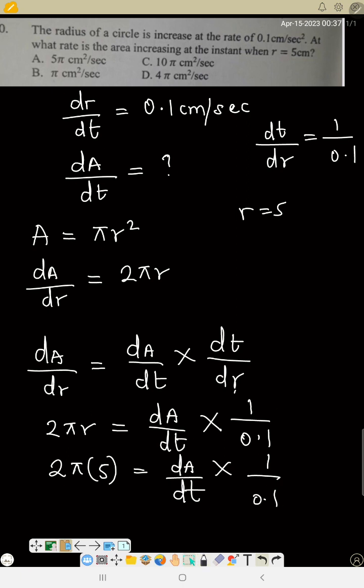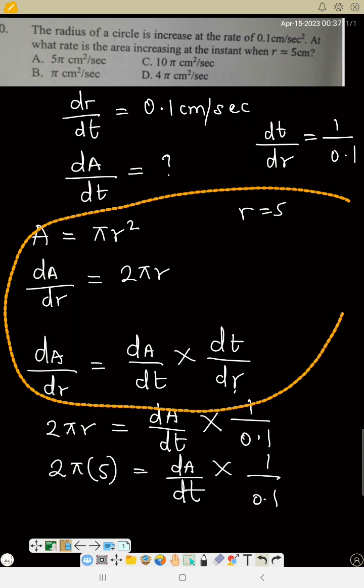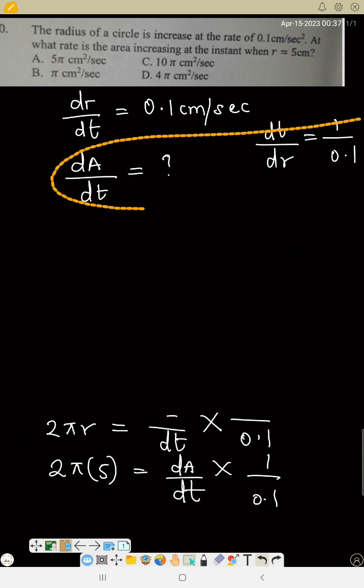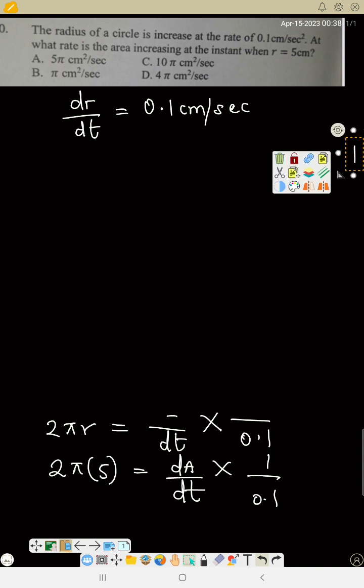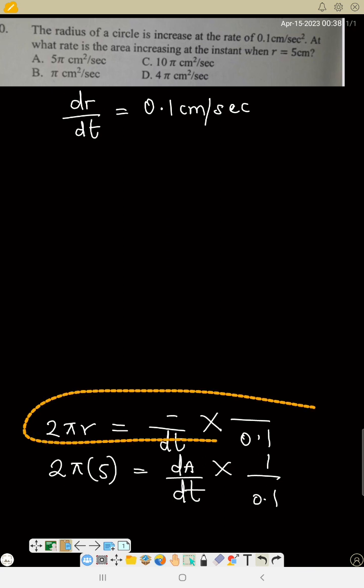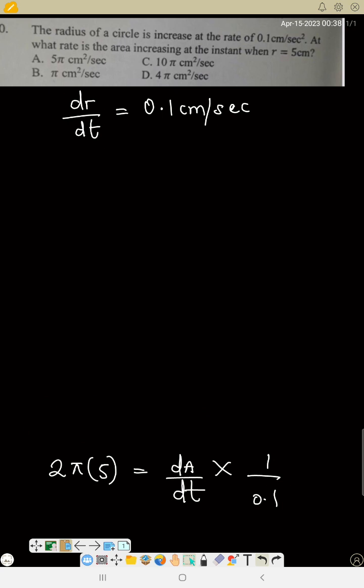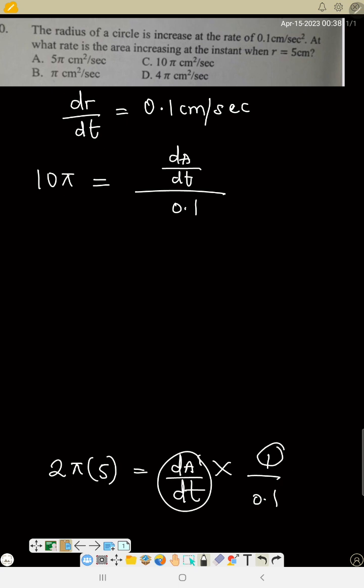So the next thing is 2 times 5, 10. So that will be 10 pi is equals to dA over dt divided by 0.1. So dA dt times 1, that is dA dt.